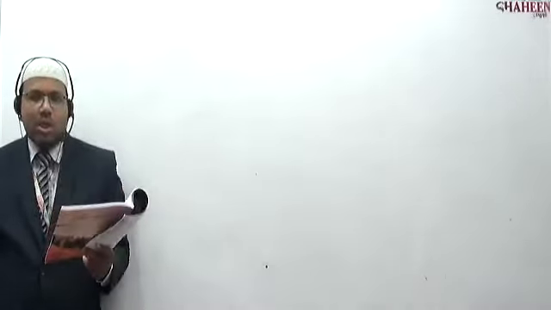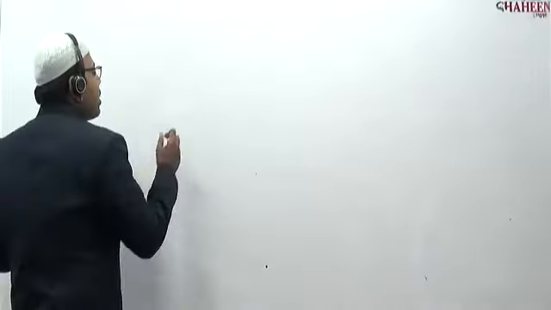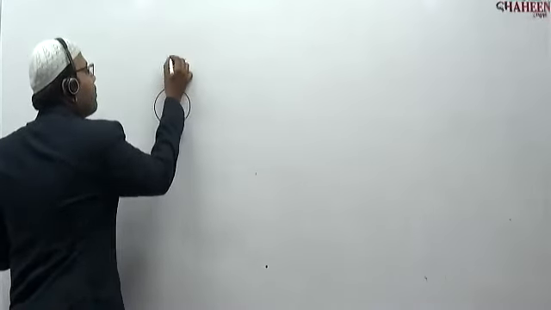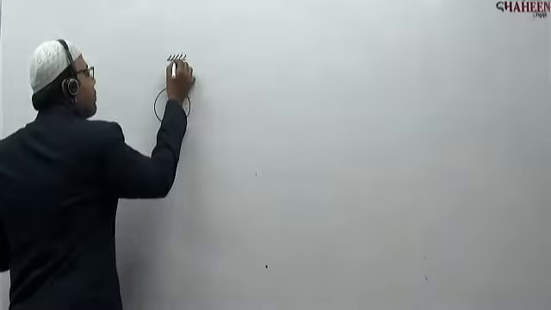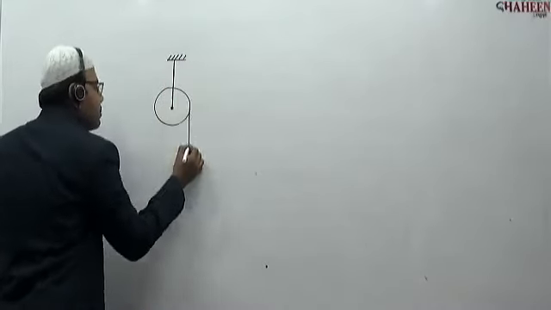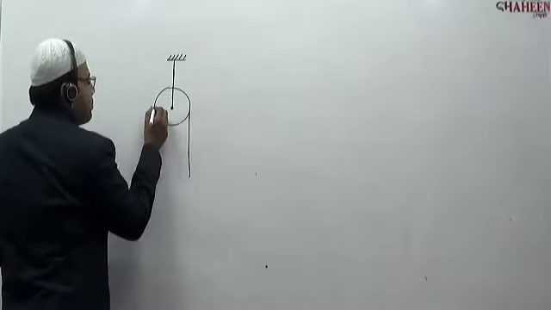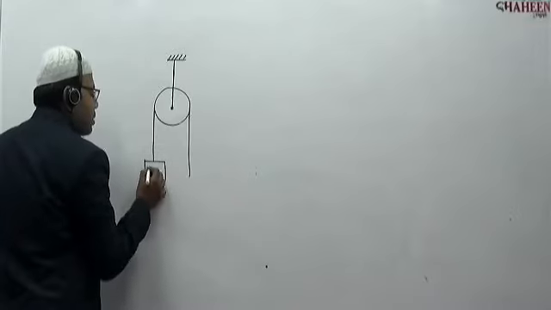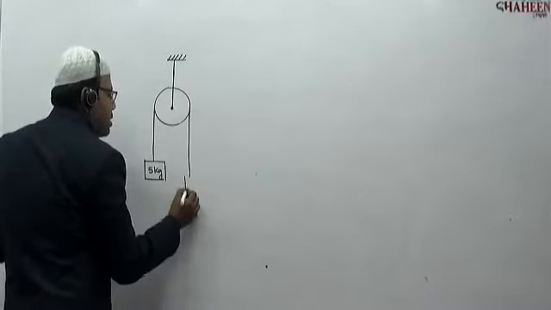So two masses are there, 5 kg and 10 kg. They are hanging from a frictionless pulley. It is like this, so what I do, this is the pulley. Here you can see it is 5 kg and this is 10 kg beta.